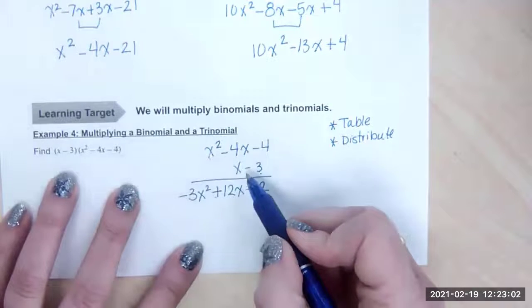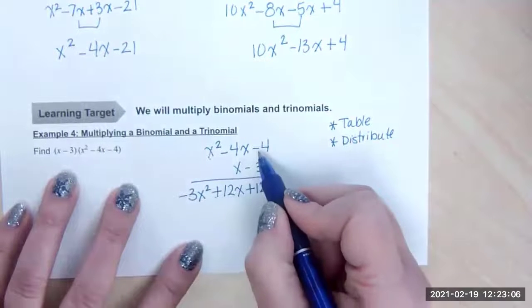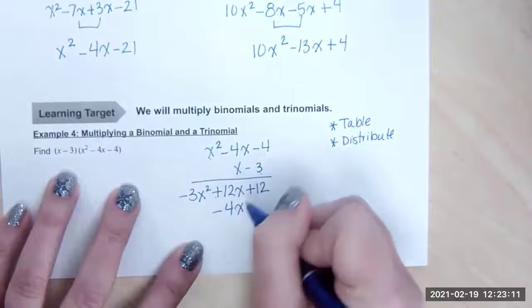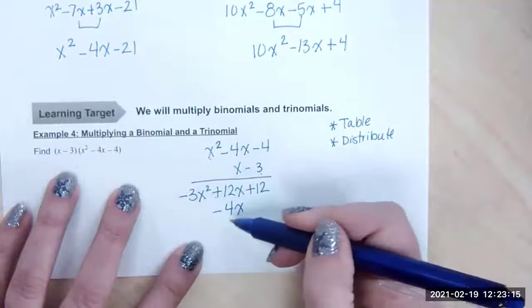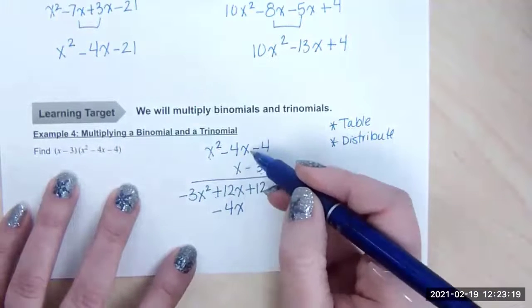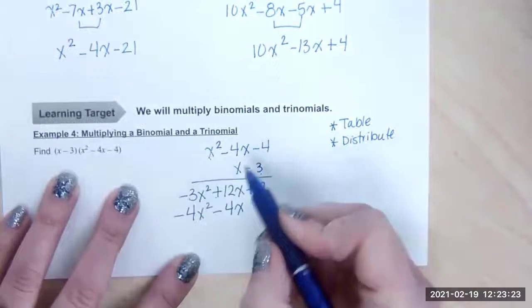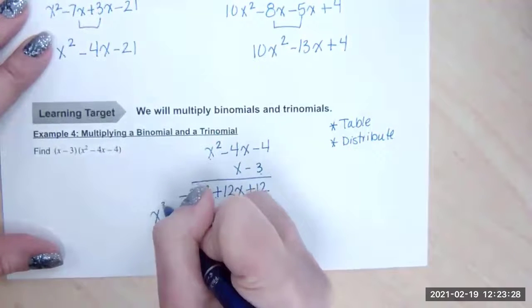Now I want to line up my terms when I multiply. x times negative 4 gives me negative 4x. This allows me to quickly add instead of trying to rearrange later. x times negative 4x is negative 4x squared. And then x times x squared is x cubed.